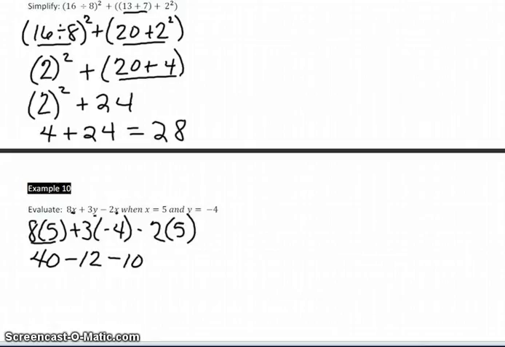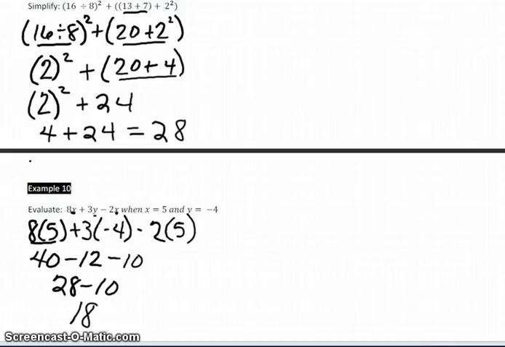So I'm done with multiplying or dividing. Now I add or subtract left to right. 40 minus 12 is 28, and I just write the rest of that problem down, minus 10. 28 minus 10 is 18.